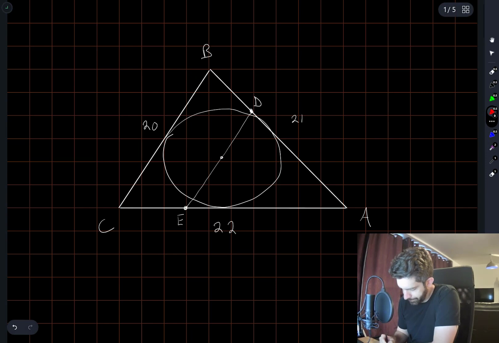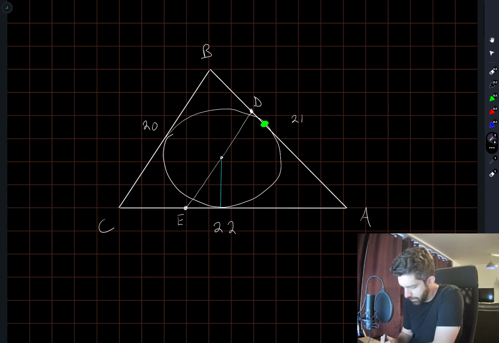I guess a natural thing to do probably is to draw... is it going to be the case for sure that the point of intersection here, do I know which side of D it's going to be on? Like obviously the diagram I have here is not drawn to scale.